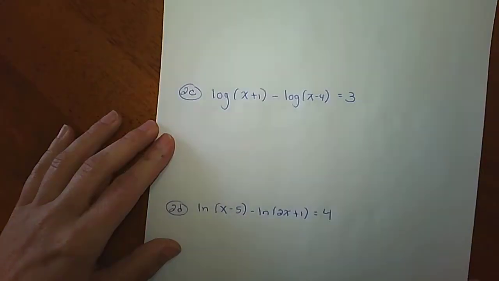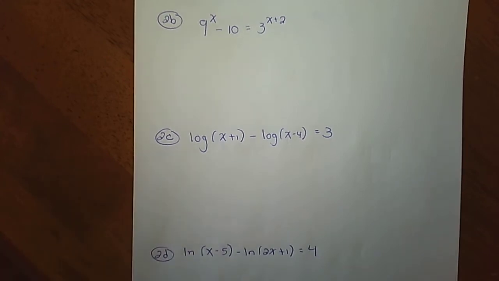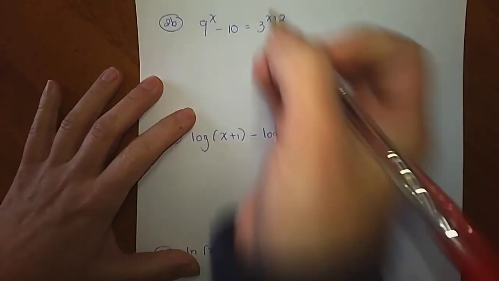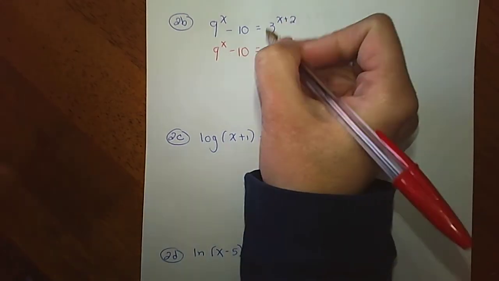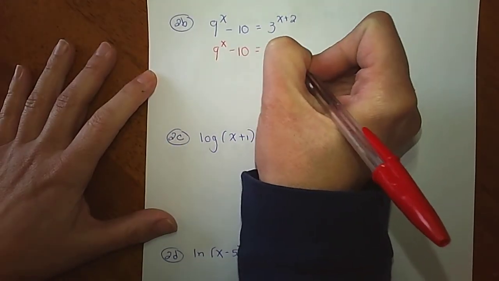The next one you guys had to do, let me just get this set up, sorry about that, is 2B, which looks like this. Now this one's a little trickier. This is the same thing as saying 3 to the x times 3 squared.